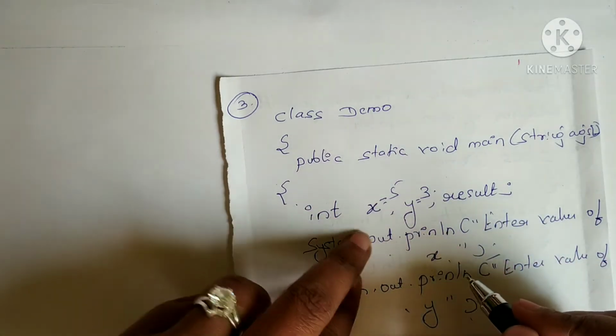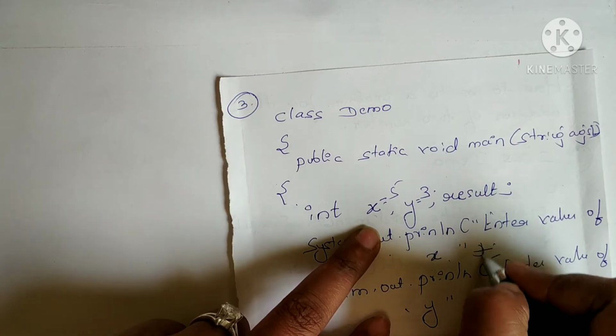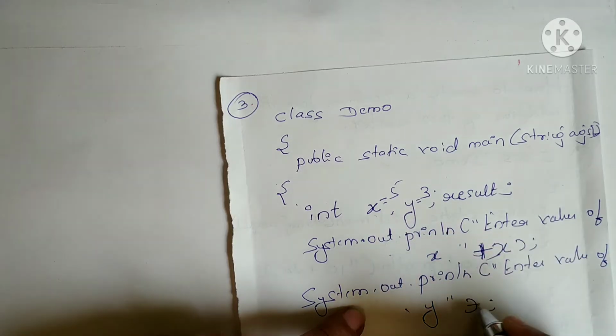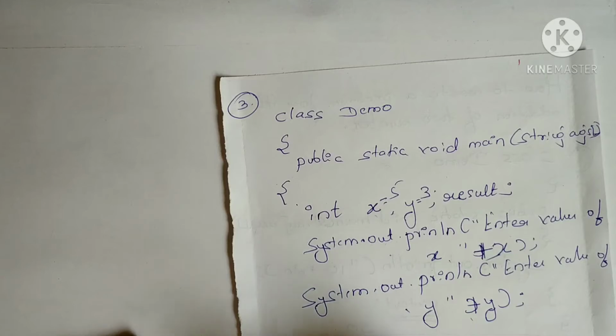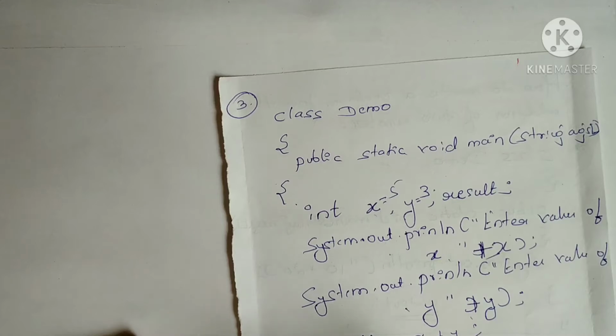Then I am going to call these variables with the plus sign, plus x, here plus y. Then result equal to x plus y. Now we have to print the sum of two numbers in System.out.println.